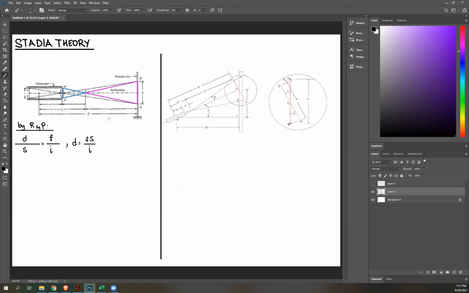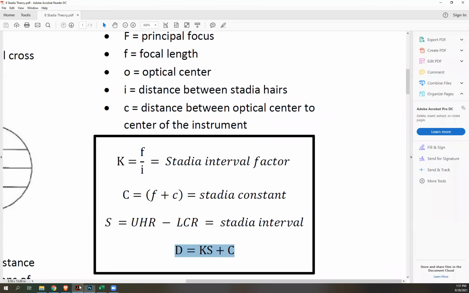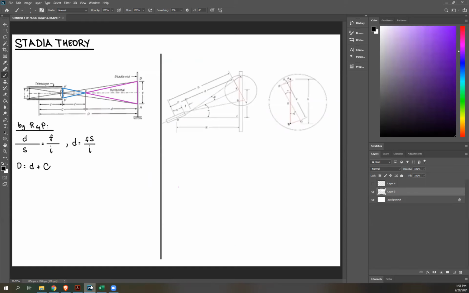And then from this, I can create an equation for D. Just looking at the drawing, D equals small d plus capital C. And once again, capital C is just a constant, that's your stadia constant. So now I just have to rewrite this. D equals Fs over I plus C. But remember, what's F over I again?